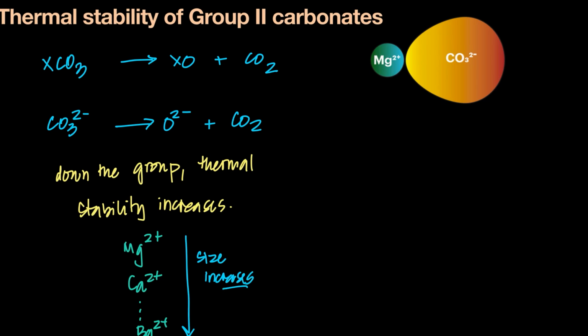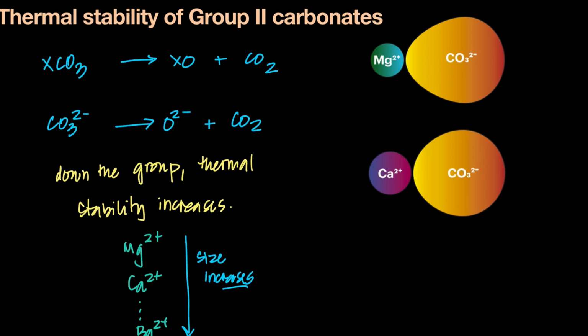Now when the cation size increases but the charge remains the same, the charge density decreases. So what kind of polarization am I expecting between calcium and carbonate? Calcium, being larger, has lower charge density, and we have done that if charge density increases, polarization increases. So for calcium, the charge density decreases, and I've drawn less polarization of the carbonate ion.